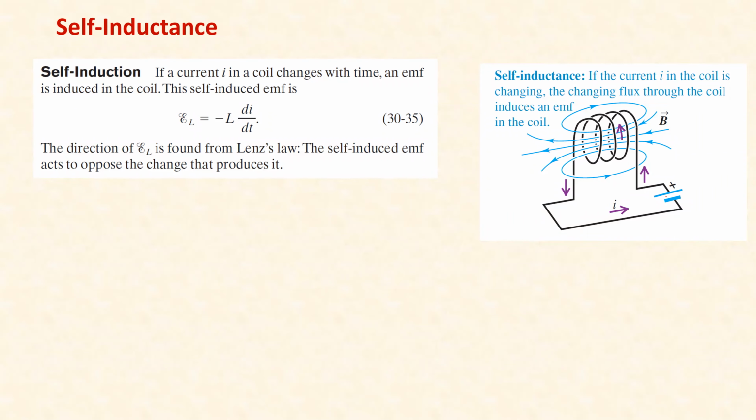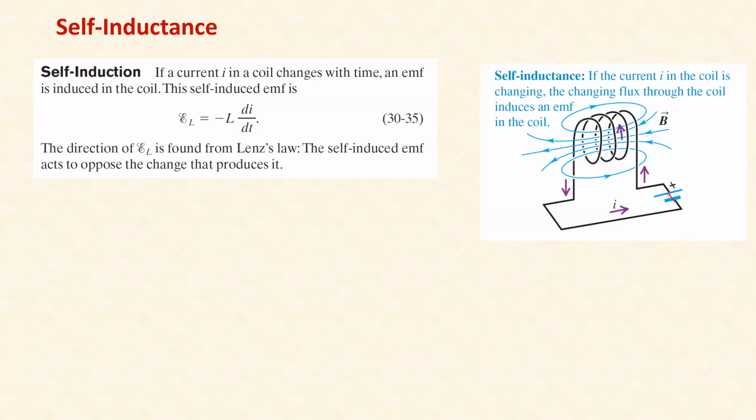There's a potential difference, it creates a current, and nothing else happens. But if the current changes, then the magnetic field changes, which causes the magnetic flux to change, and the changing flux causes an induced EMF inside the inductor.